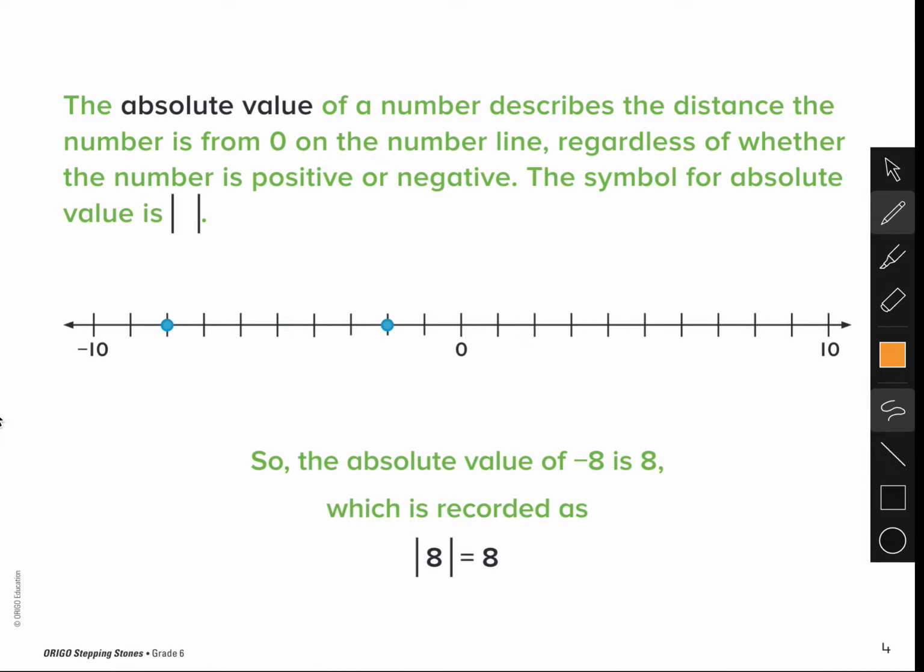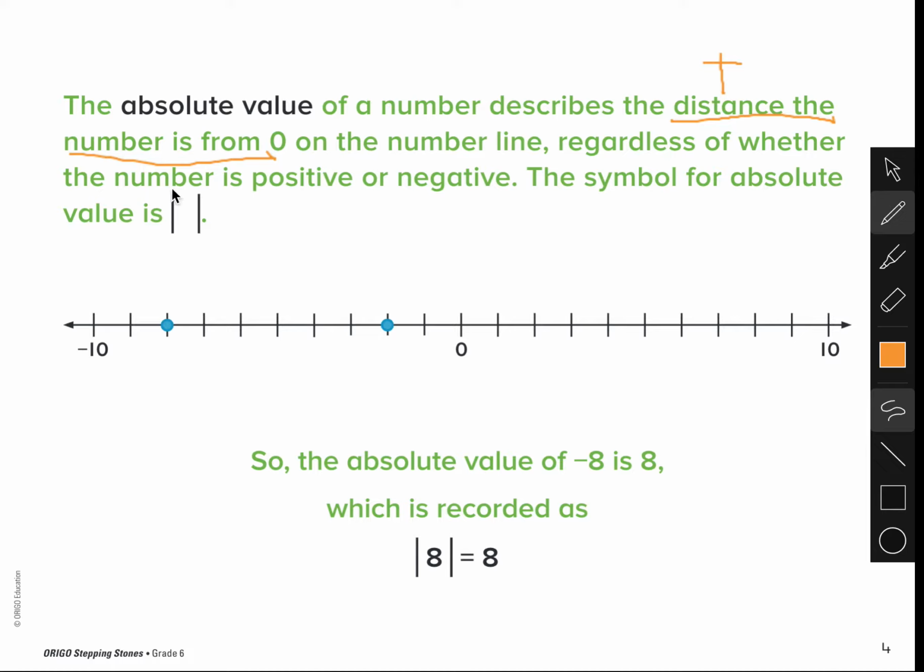All right. So we are beginning to talk about the absolute value. And if you read with me, the absolute value of a number describes the distance the number is from 0. And distance is always a positive number, regardless of whether the number is positive or negative.